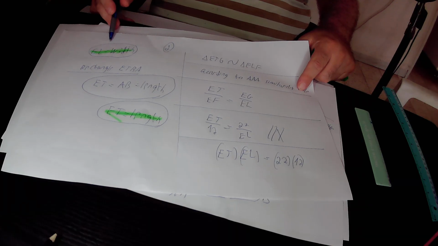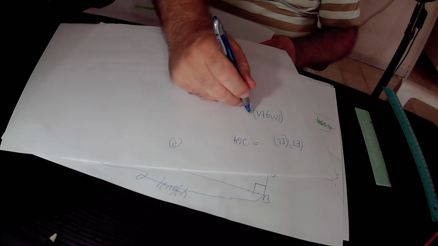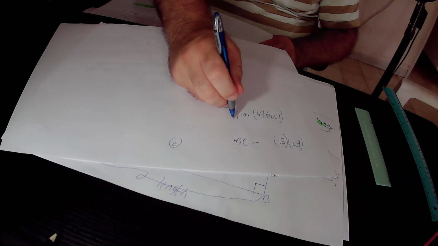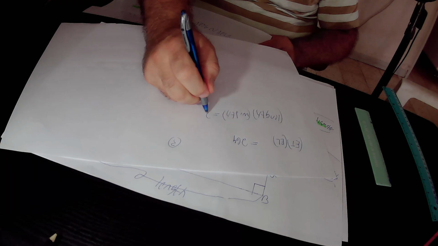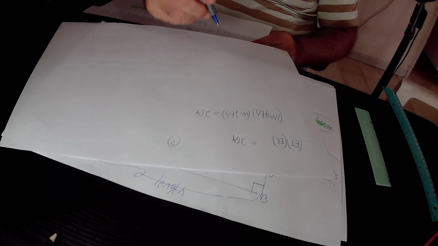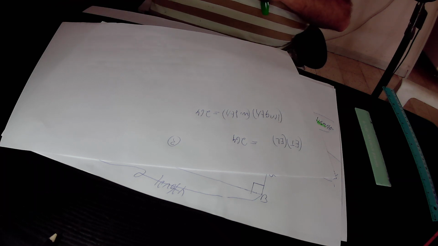Therefore, we substitute EL by the width and it is equal to 264. The length of rectangle ABCD times the width is the area of rectangle ABCD. That is the area that we are looking for in this question.